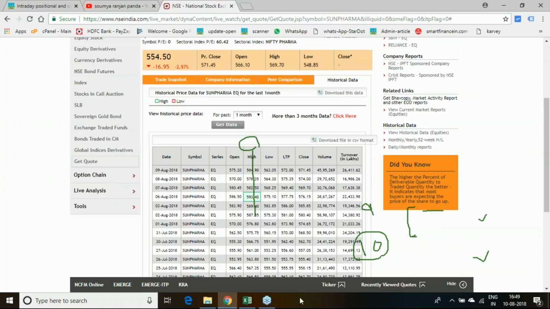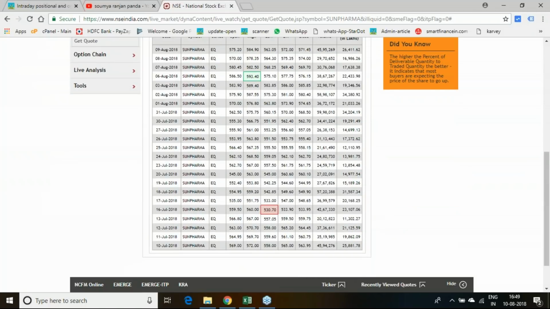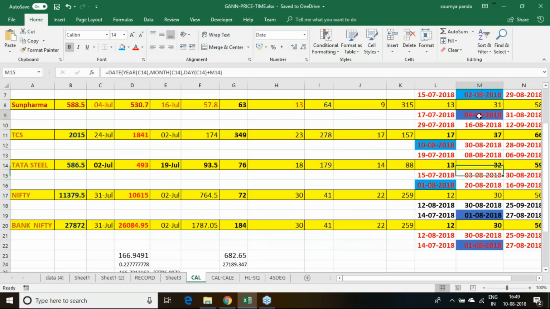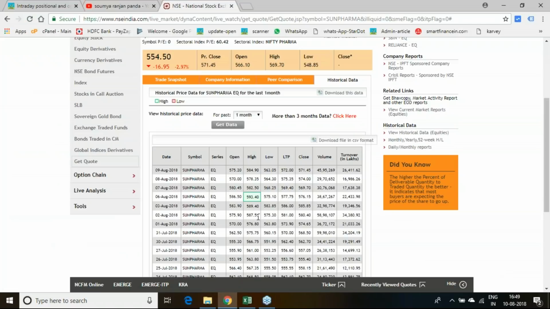Here 6th August one day it came to 593, the highest price point for this stock in the trailing 1 month period. If I go back here, 4th August was one of my calculated dates. On that particular day, 4th and 5th fall on holiday, so 6th it has factored.